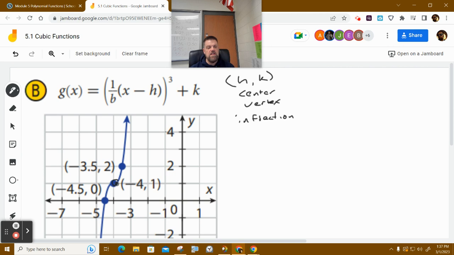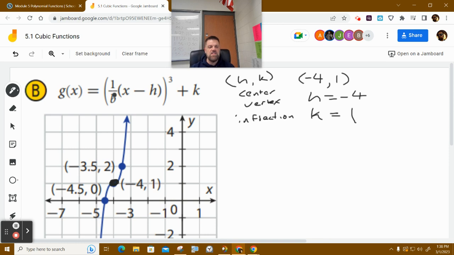But this is it right here, isn't it? Would you consider that kind of the center of the cubic? Yeah. So what does that tell you? Well, that point, -4, comma 1, is h equals -4, k equals +1.